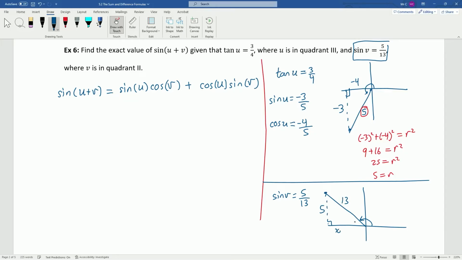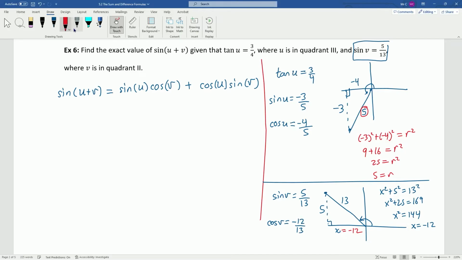And what I need is x. So I get x squared plus 5 squared equals 13 squared. That's x squared plus 25 equals 169. That's x squared equals 144. And so x equals negative 12 in this case. It's negative because we're in the second quadrant. So that tells us that cosine of v is negative 12 over 13.